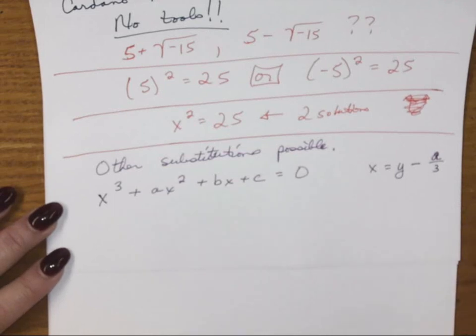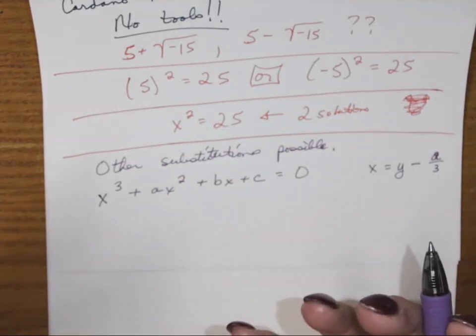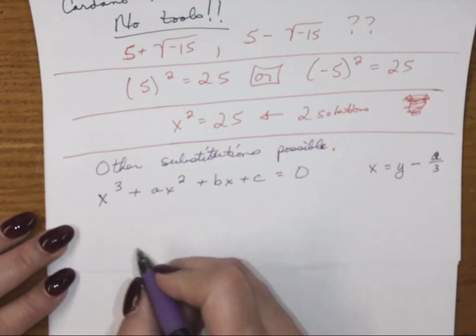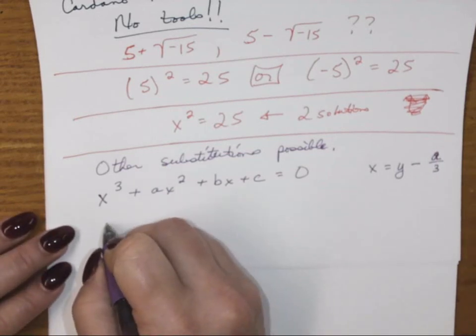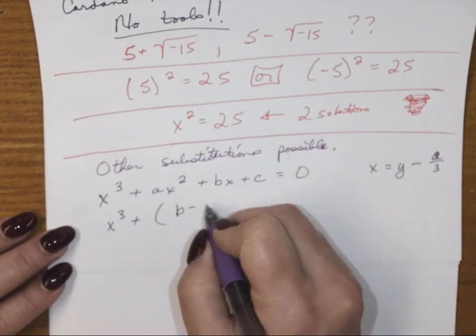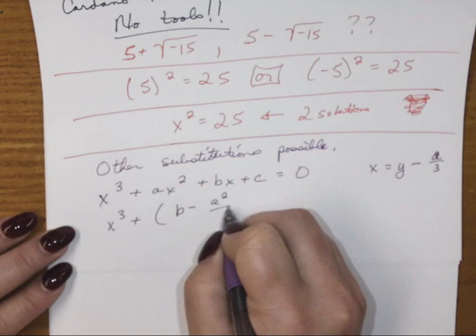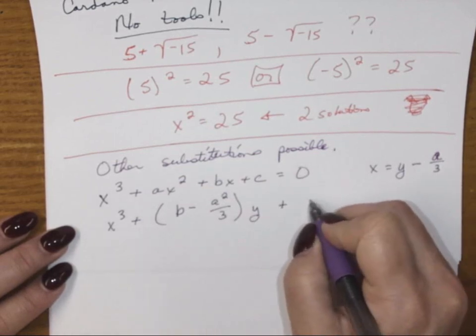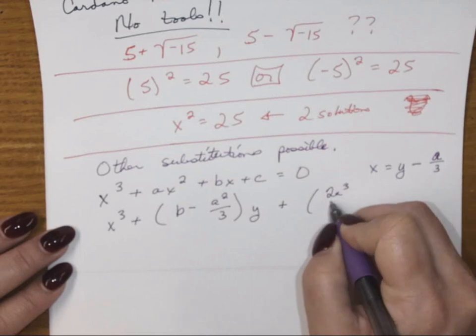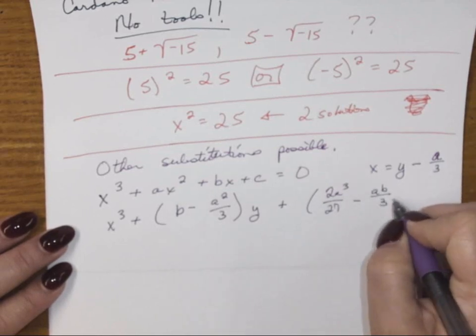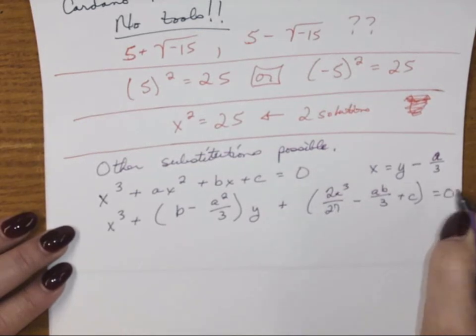If we do that substitution and do a lot of manipulation, this is where I said I'm going to leave it to you guys to do some manipulation, then what I'm going to end up with here is y cubed plus (b minus a squared over 3) times y plus 2a cubed over 27 minus ab over 3 plus c equals 0.